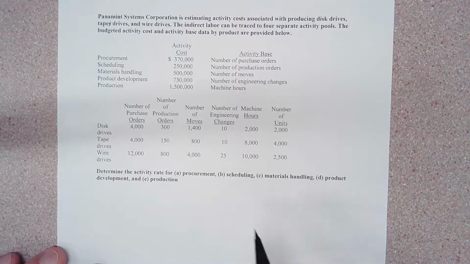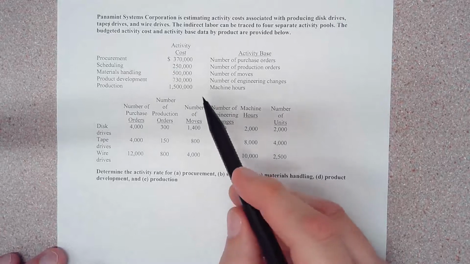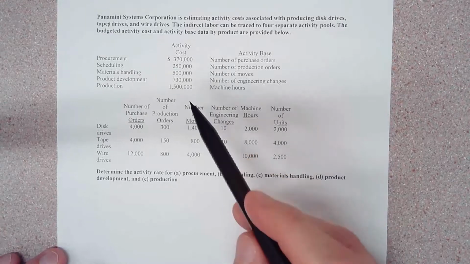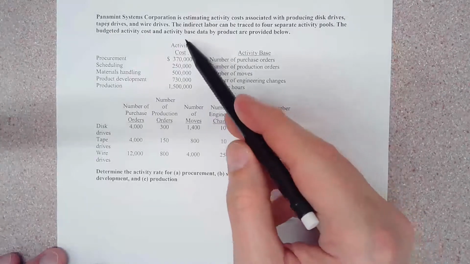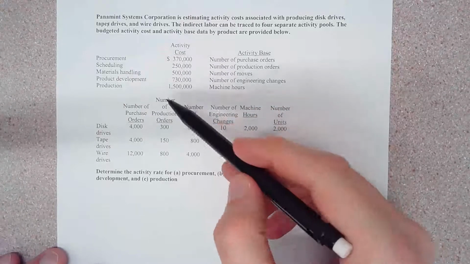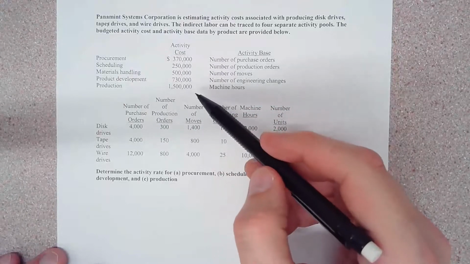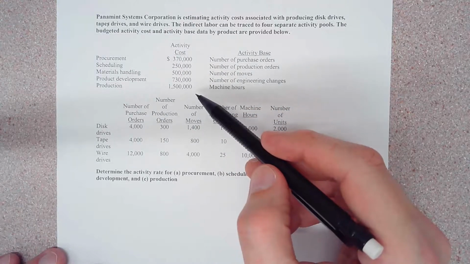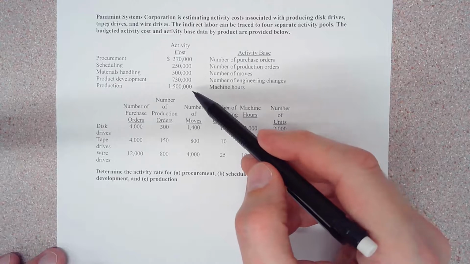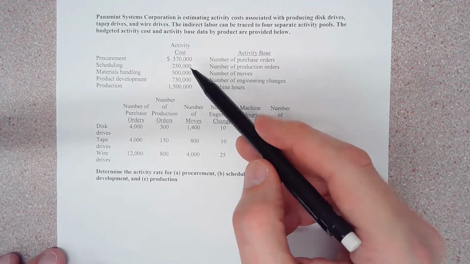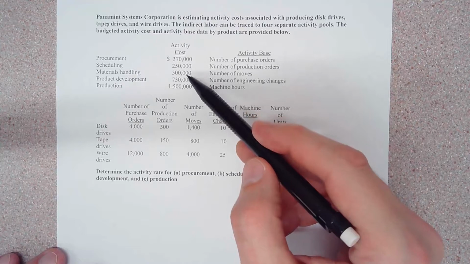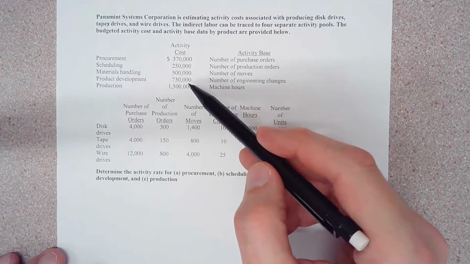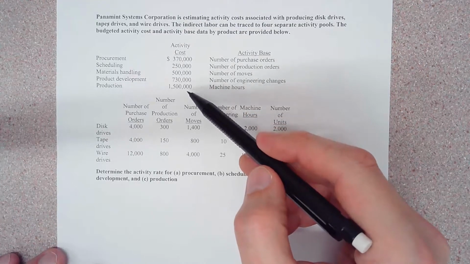Okay, so what we want to understand is that in this activity cost column, we've taken total anticipated factory overhead and broken it down into procurement, scheduling, materials handling, product development, and production.